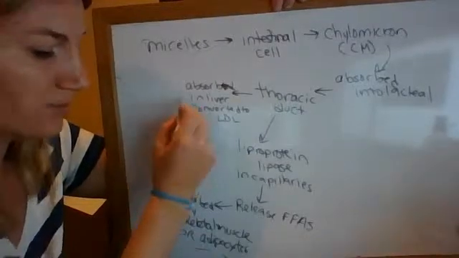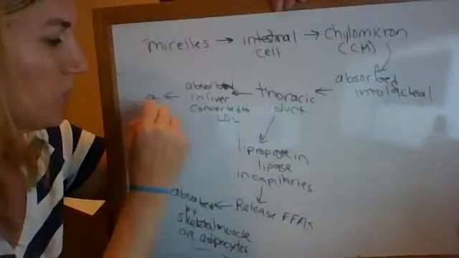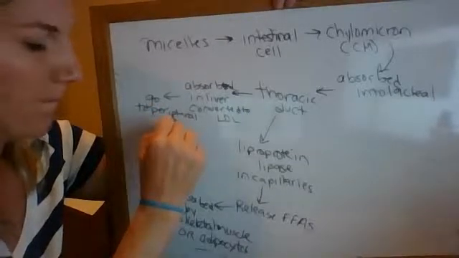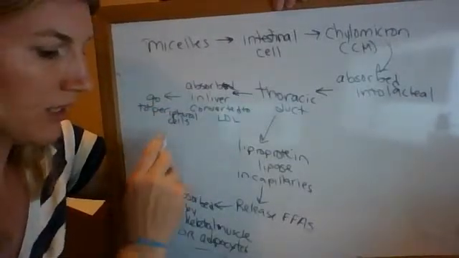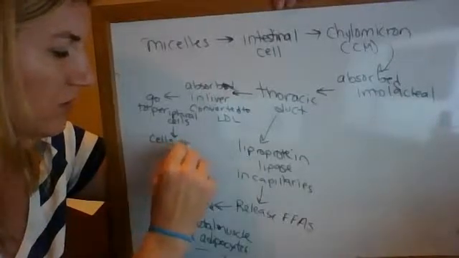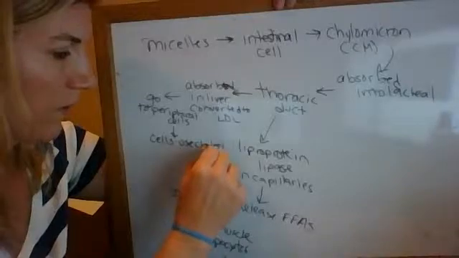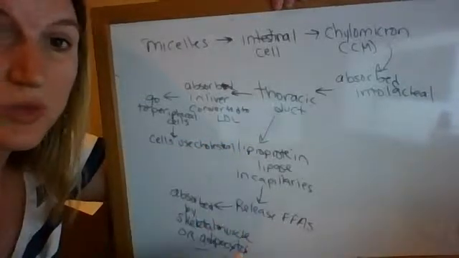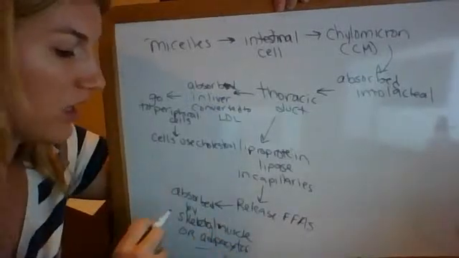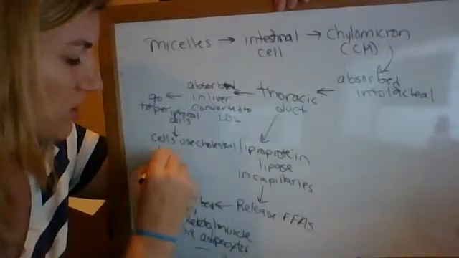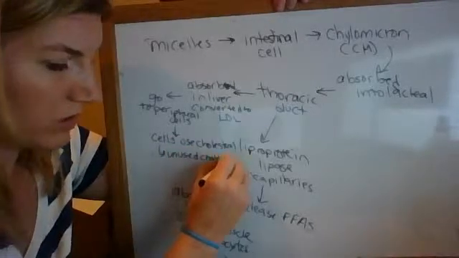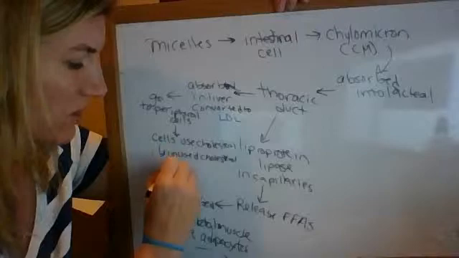The LDLs can go to the peripheral cells, and where the cells basically will use the cholesterol. Cells will use that cholesterol, right? Remember, cells use cholesterol in their cell membrane. And the unused cholesterol will basically leave the cell.